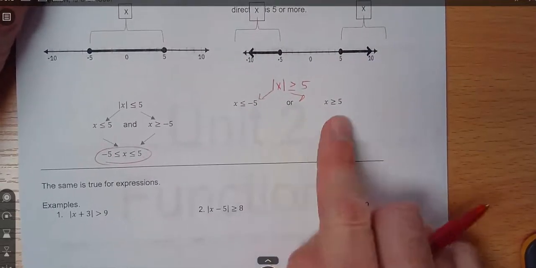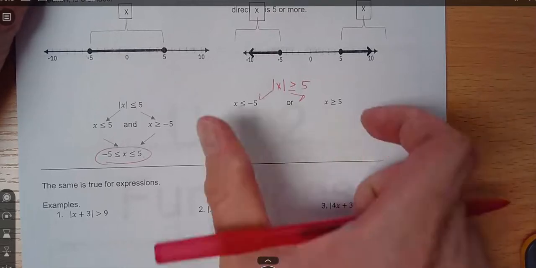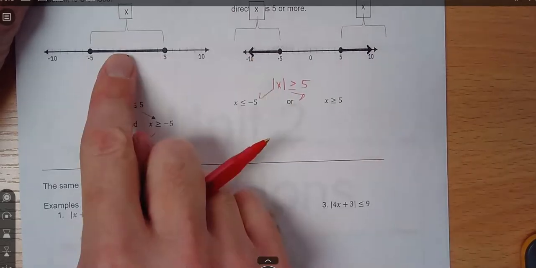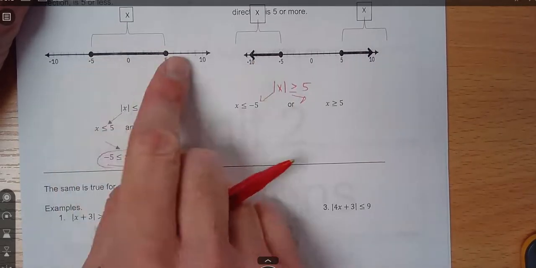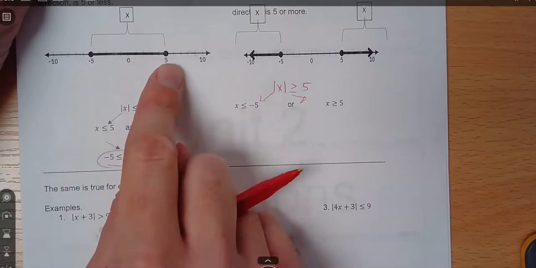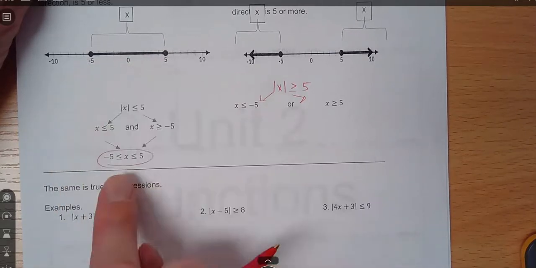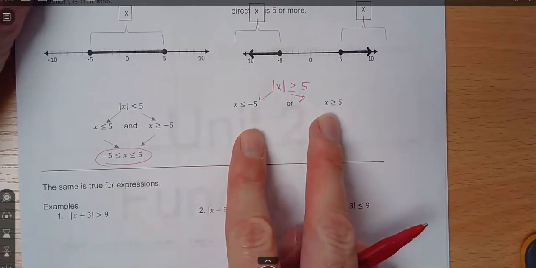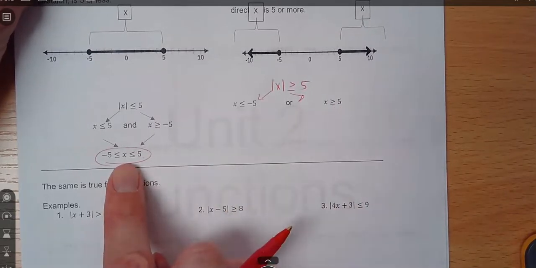Now you can't put these two together in one, because you can't be less than -5 and greater than 5 at once. But here you could be. You meet both requirements. You can be greater than -5 and less than 5 if you're in between. So you can put it in one statement. Here I have to leave it as two separate statements. Okay? So this is called a compound inequality. If you remember from Algebra 1, you did a compound.